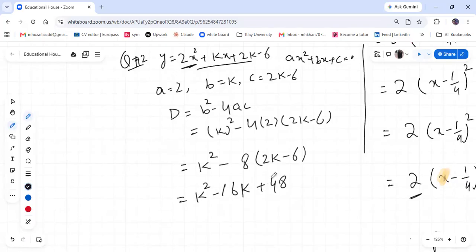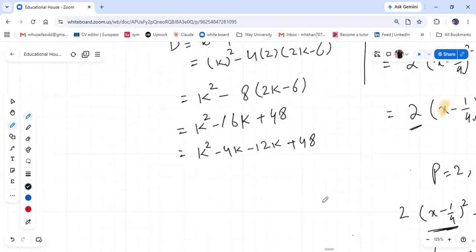So we are using the factorization method. As you know, this is k square plus 48, so we are setting the pairs of 48. I think their pair is 12 and 4. We are setting k square minus 4k minus 12k plus 48.